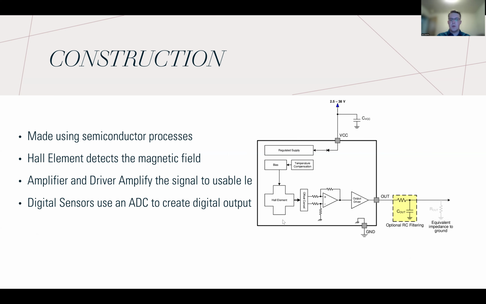Then it goes into an op amp to amplify that voltage, and then through an output driver to up the current, which we then use. The amplifier and driver take it from a non-usable level to a usable level. Some digital sensors even have a DAC built in to output a binary or digital representation of the voltage, while what we're looking at is an analog representation.